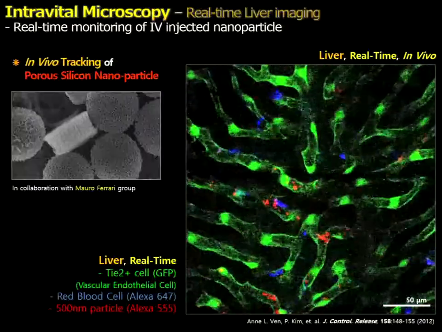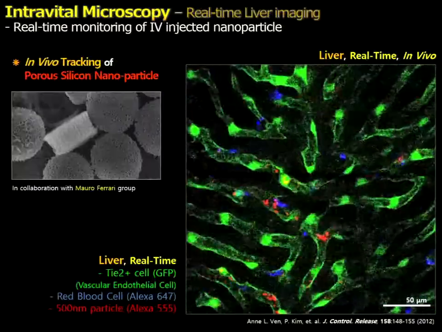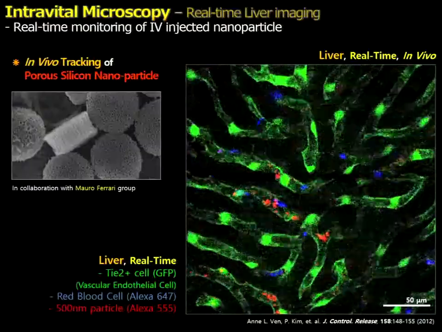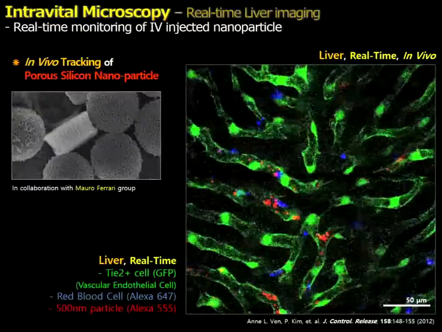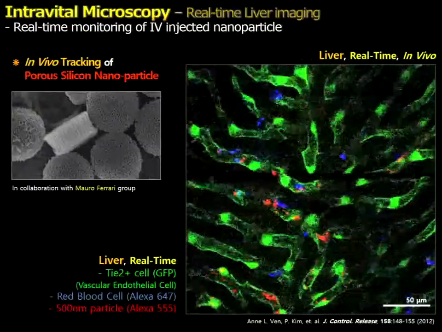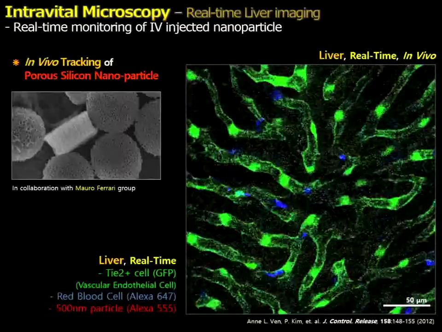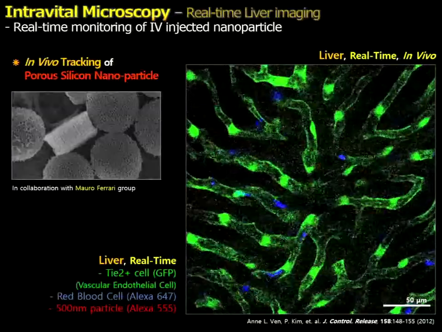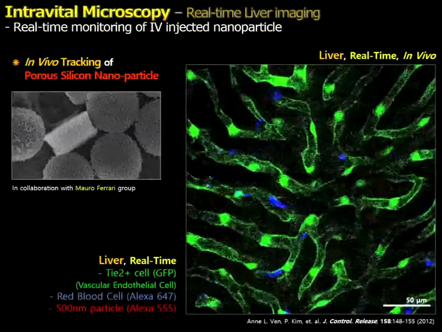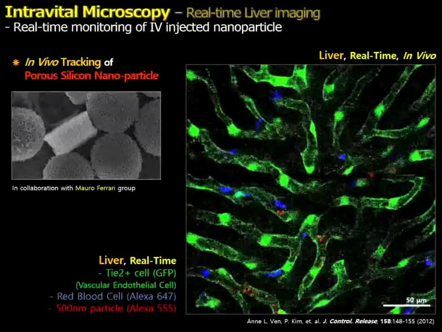And then later they undergo transendocytosis to the liver parenchyma, and later are excreted to the small intestine. But anyway, this is the kind of example data showing we can do real-time monitoring of nanoparticles or drug carriers in the target tissues.